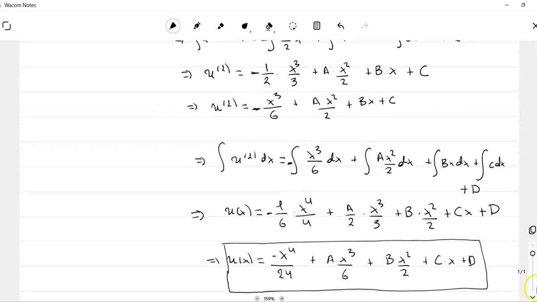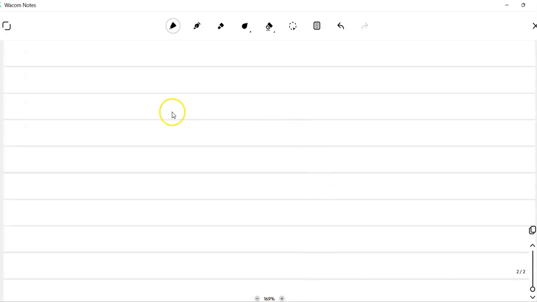Now let's go to my second question. My function is u of x equals 1 over 24 times minus 4x cubed.